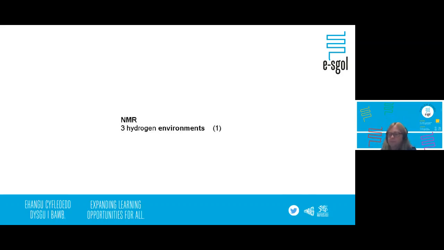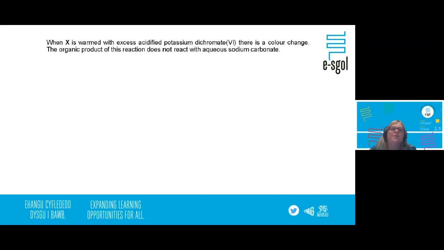Okay, now I'm going to come back to that in a minute. I'm going to come back to this very slide because so far, yes, I've identified the 3 environments, but it's not really going to help me until I get one further bit of evidence under my belt. The next piece of evidence they introduced was that with acidified potassium dichromate, there is a color change.